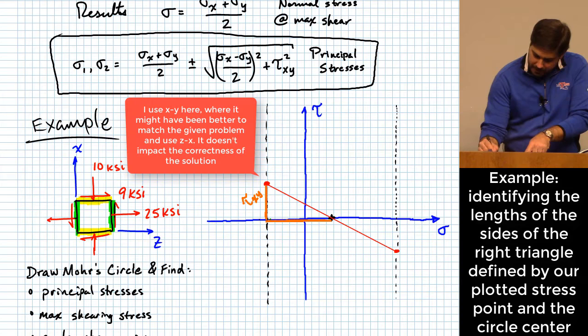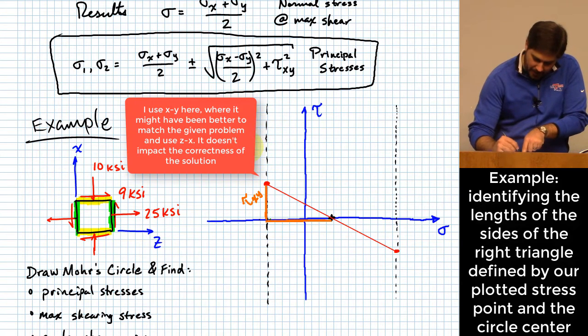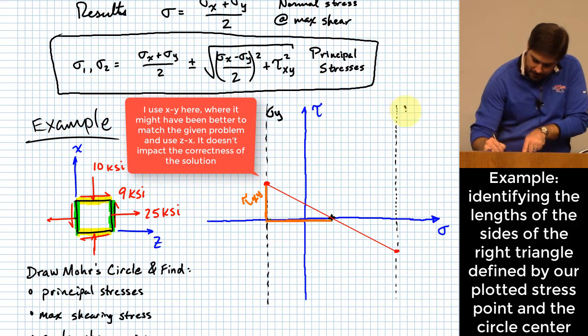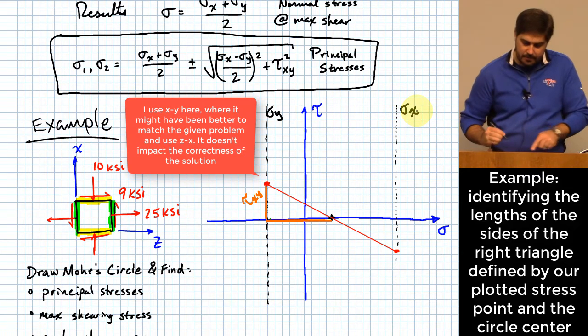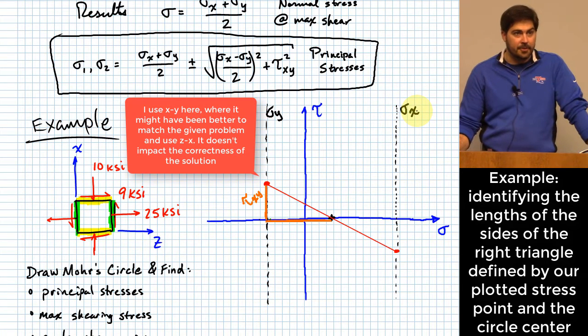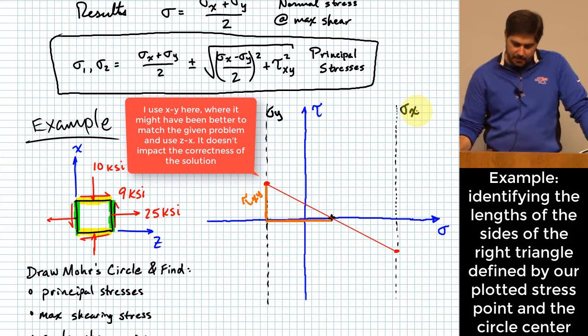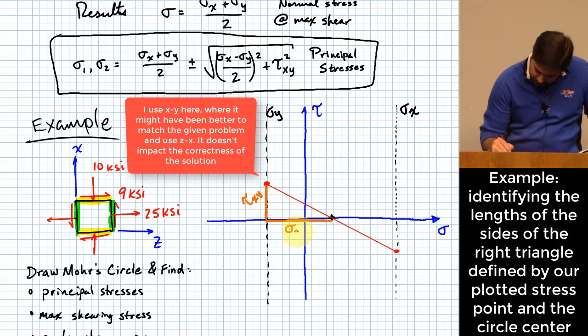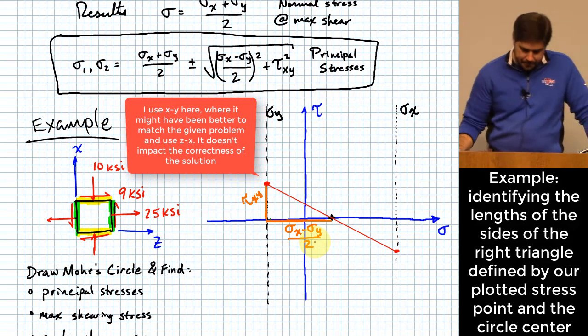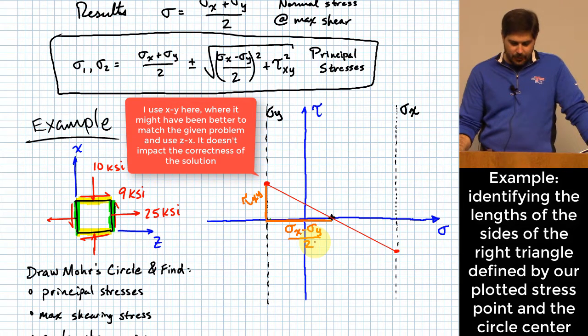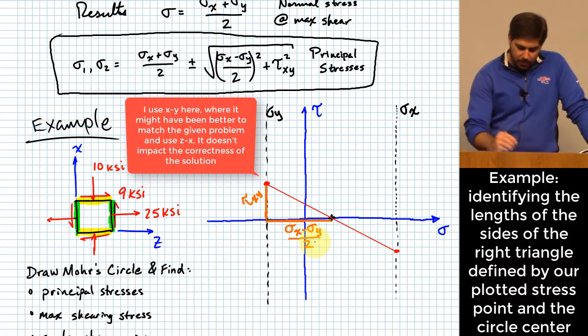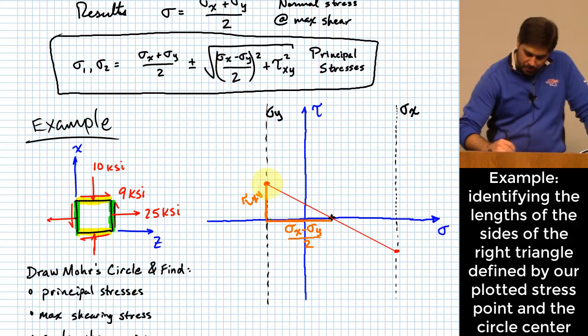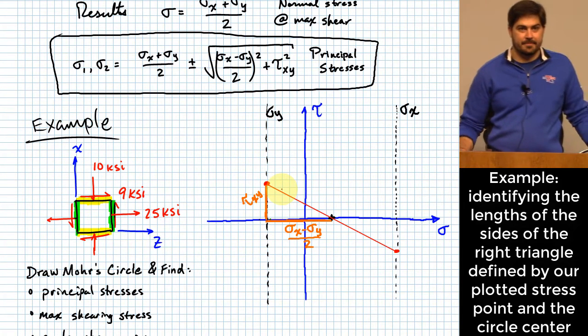This over here was sigma y, this over here was sigma x, right? So half the difference between sigma x and sigma y would be the length of that side right over there. Okay? And therefore, this radical that I'm showing up here would be the length of the hypotenuse.